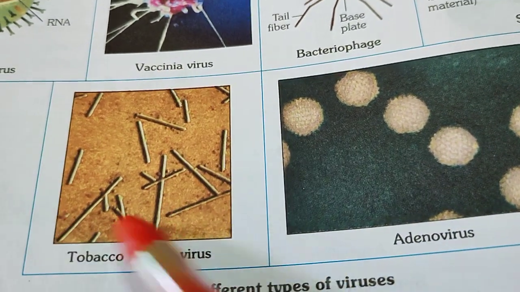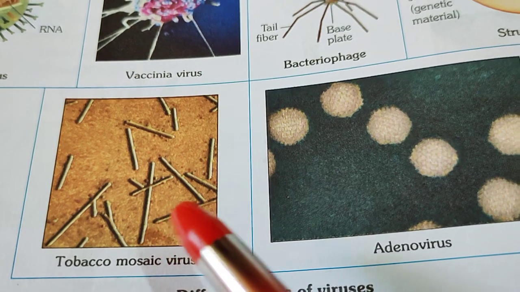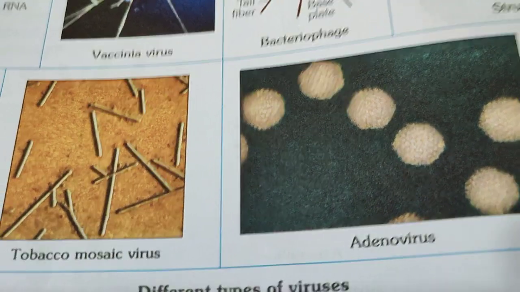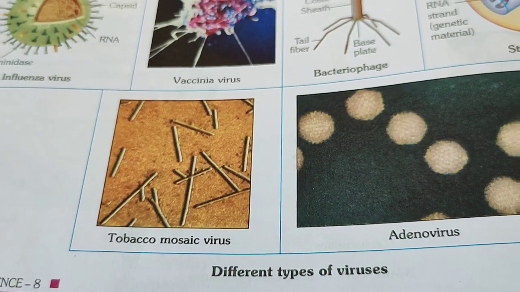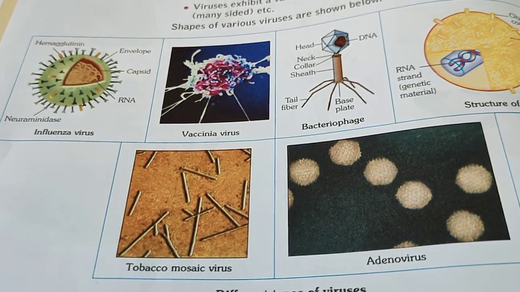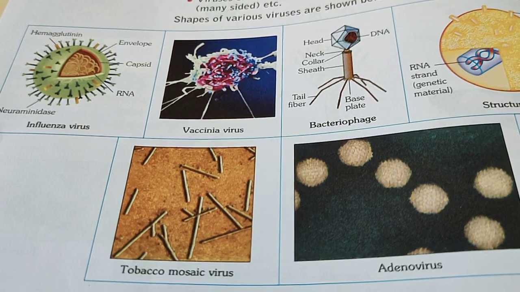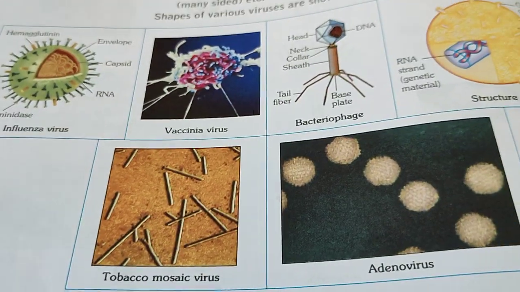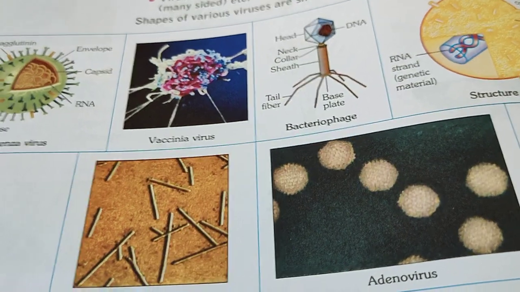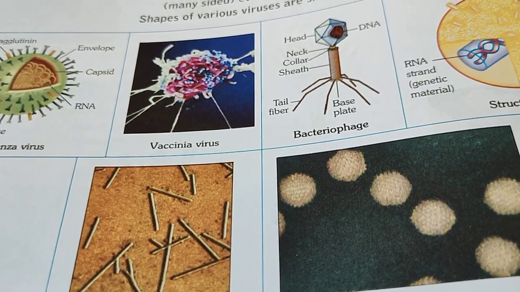These are the different virus cells. And last one is showing adenovirus. So these are the images showing different types of viruses present in air, which are already existing and cause different diseases in the plant and animal body.